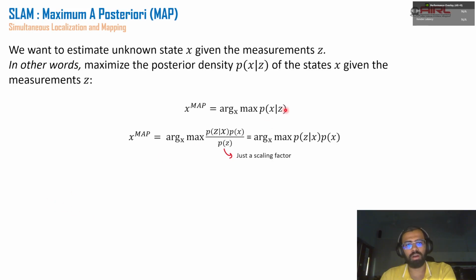So what you see in this first set of equations is, given a set of observations, what state has the highest probability. I'm not trying to find what the highest probability is, but rather, associated with this highest probability, what is the state? And that state becomes the X MAP state, or the maximum a posteriori state.